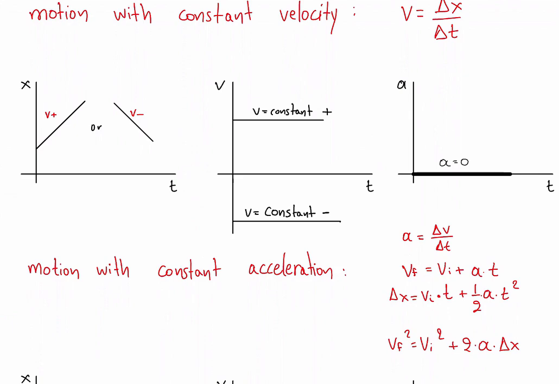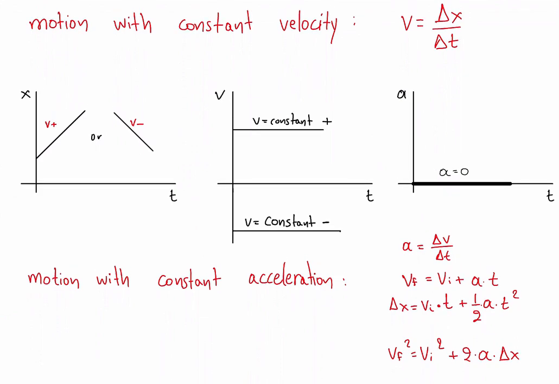So if we have a slope for the position versus time graph that is pointing upwards, then the velocity is positive, and a slope that is pointing downwards, then the velocity is negative. Now, for the velocity versus time graph, we can have constant velocity or negative constant velocity.